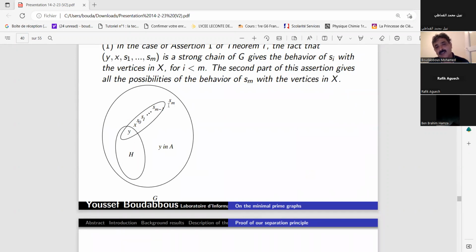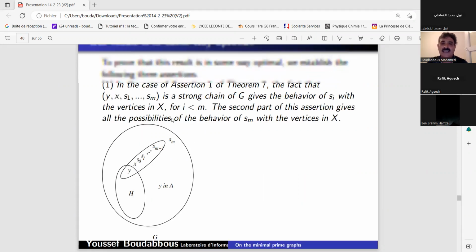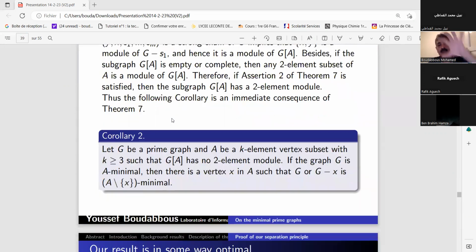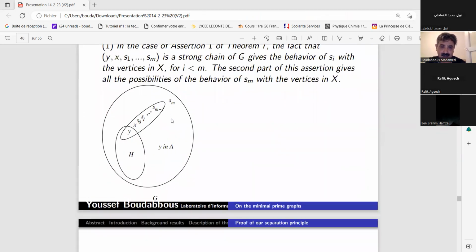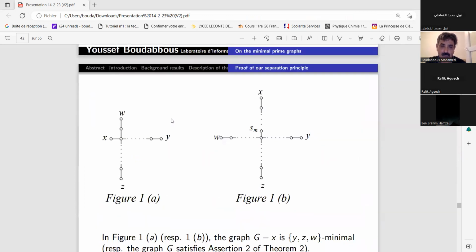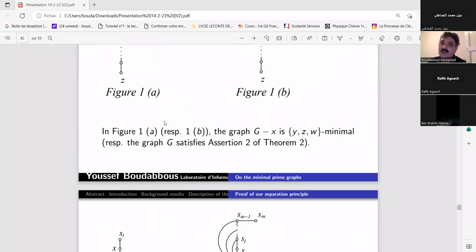We form a module only Sm, here the notion of strong chain, and we know the behavior of these vertices. And the other assertion, a prime minimal for A minus X by adding a path and some edges between the end of the path and the element of X minus A. Here we explain that our result is optimal in some way.